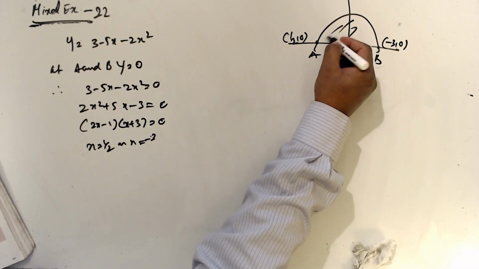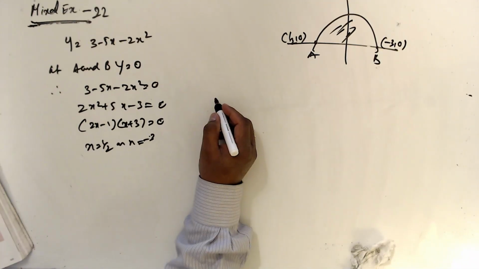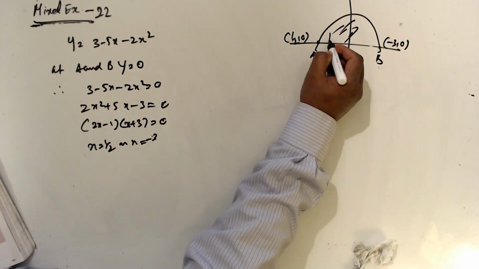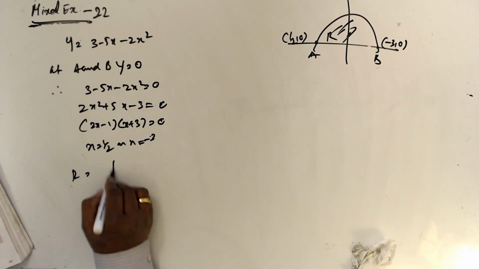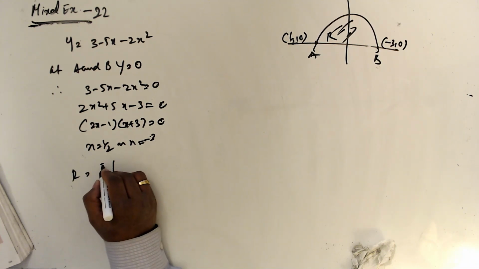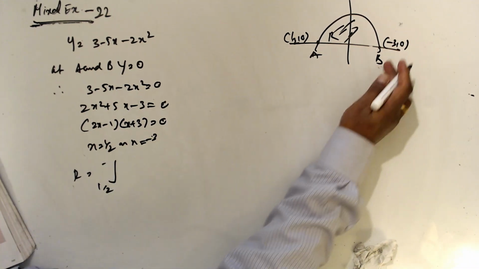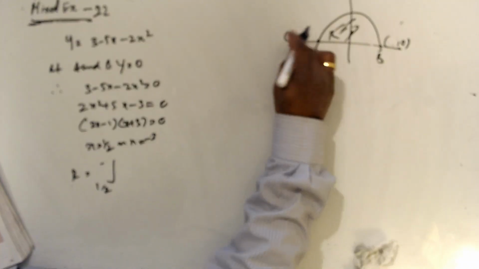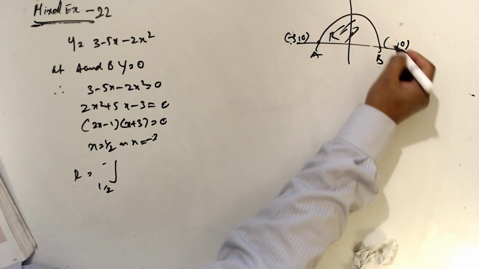Now we need to find this area, so we need to integrate. Area equals, sorry, this is minus 3 and this is half.